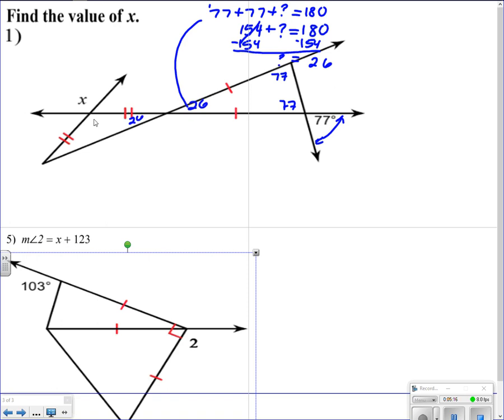Now you have an isosceles triangle, so these angles will also be congruent. If that's 26, this will be 26. And this will be x. So using this 26, I'm going to add all the angles. 26 plus 26 plus x is equal to 180. 6 plus 6 is 12. 2 carry 1, 4, 5.